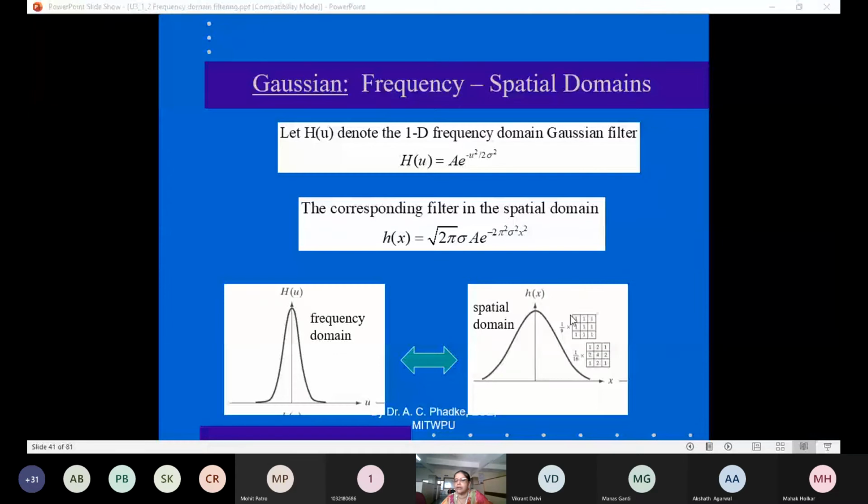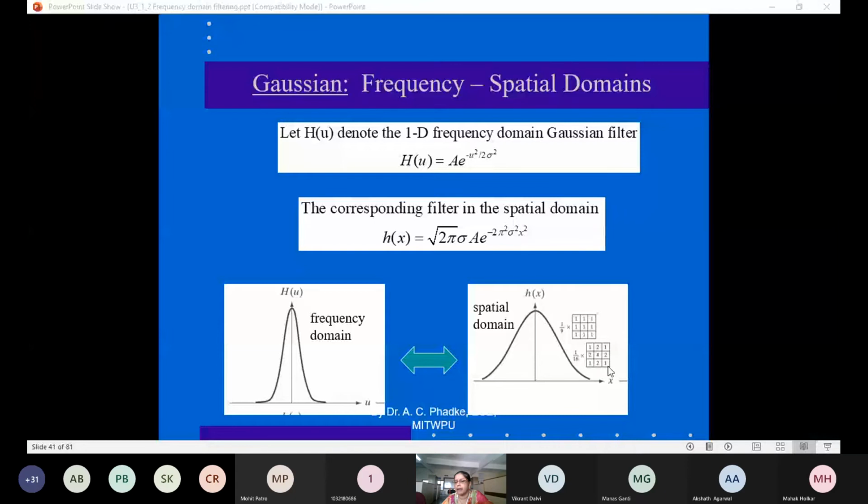And if you remember, we have already studied this Gaussian filter while learning smoothing filters. Okay, so this is your Gaussian filter in image plane or spatial domain representation. This is mask for Gaussian filter in spatial domain, where central coefficient has maximum value.